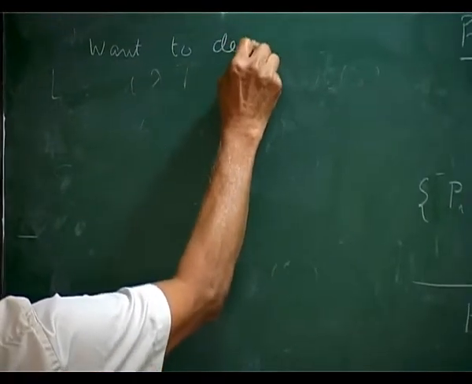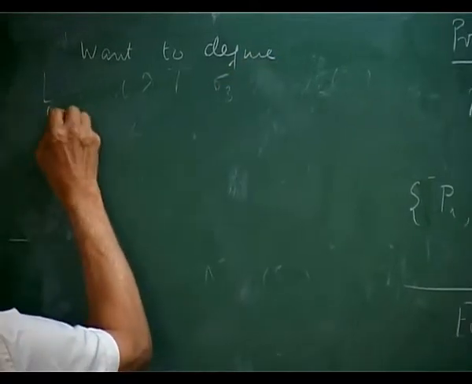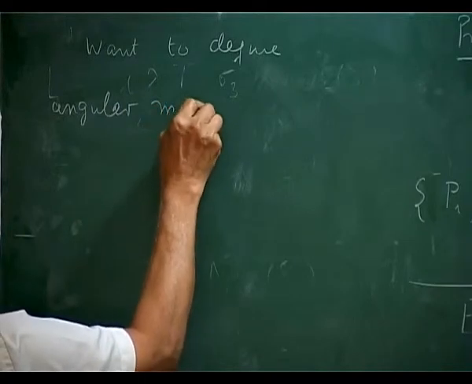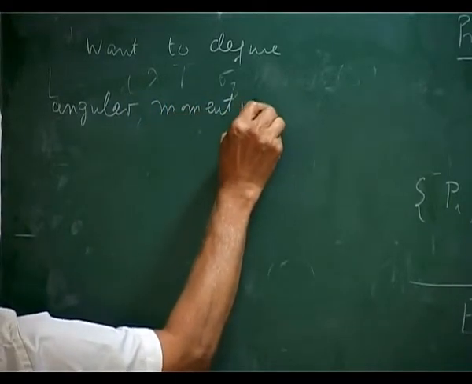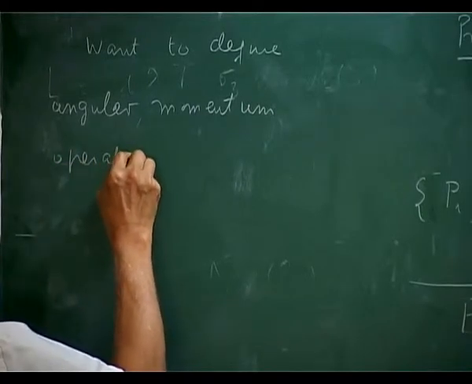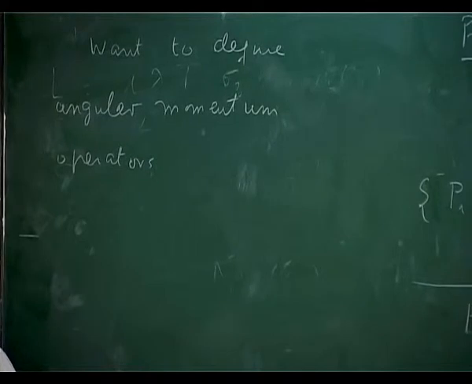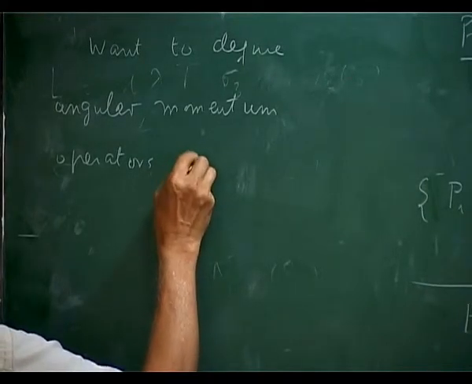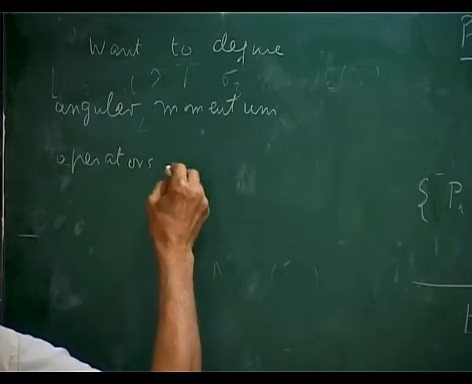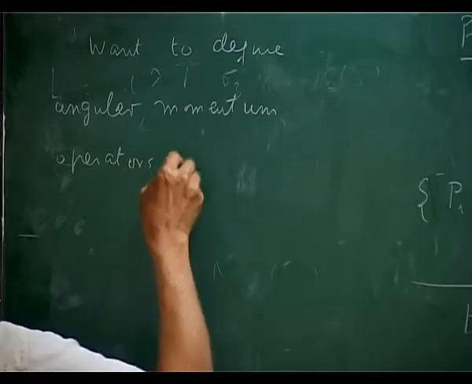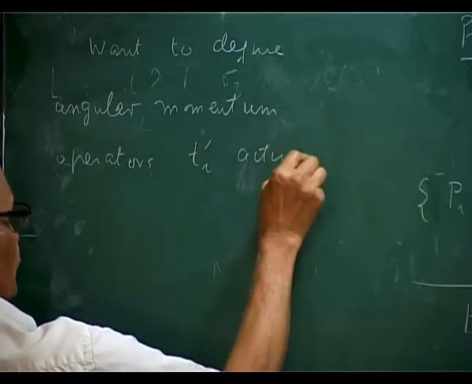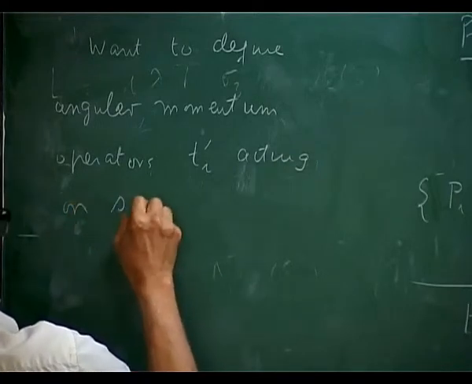To simplify the situation, for the angular momentum operators, let me use some other notation. Let me call it T prime i, acting on G on the right.